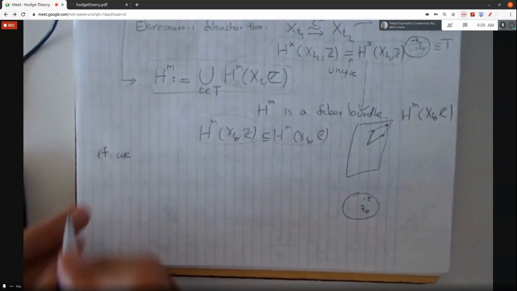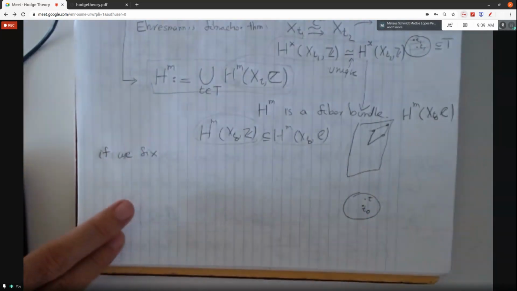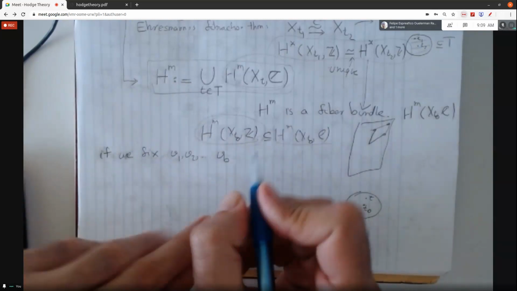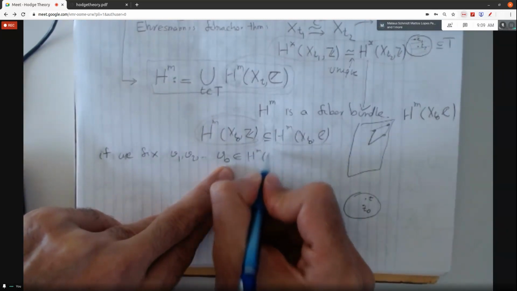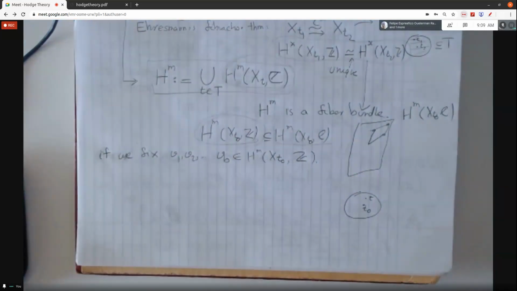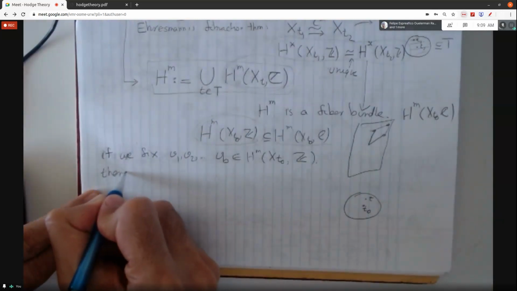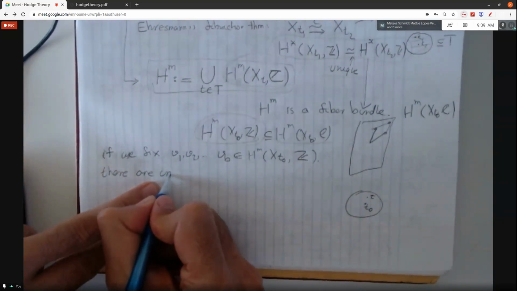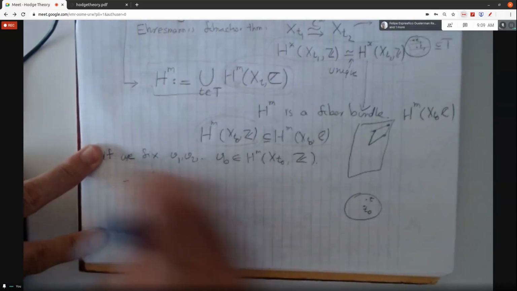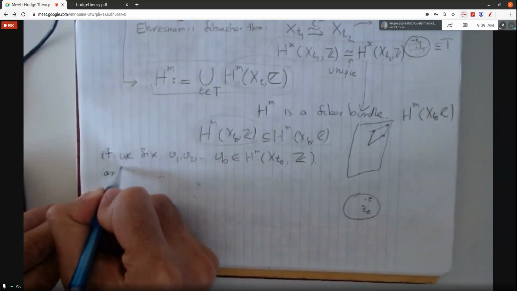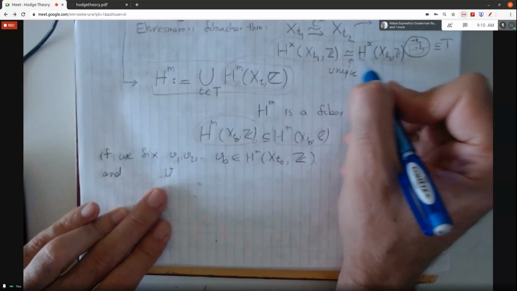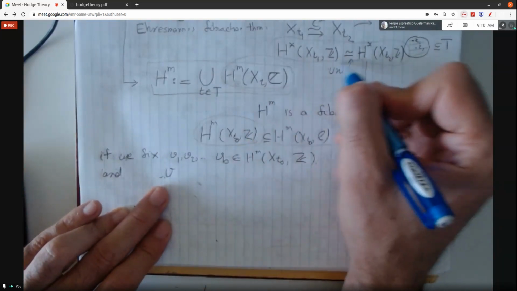If we fix v1, v2, ..., vb in H^M(X_t0, Z), and then we do monodromy, this monodromy is exactly the image of these vi's under this isomorphism.